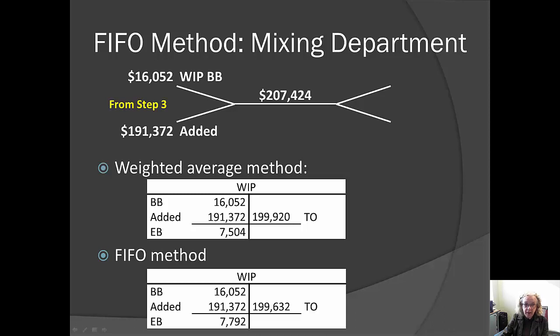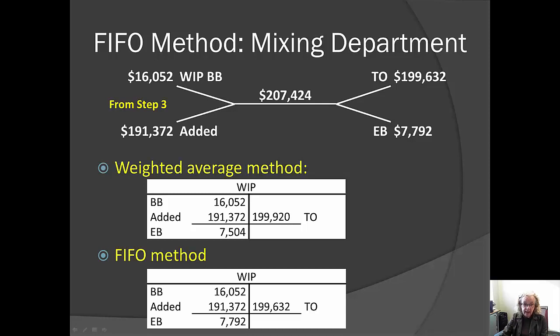We can add that up all together. That tells us the total dollar value of all materials and conversion costs that we worked on during the period. Under the FIFO method, we assign $199,632 worth of costs to the units that are transferred out, and the rest of the costs are left in our work in process ending balance.